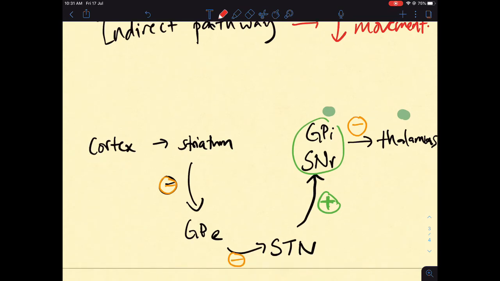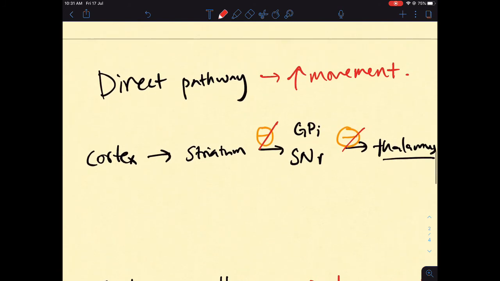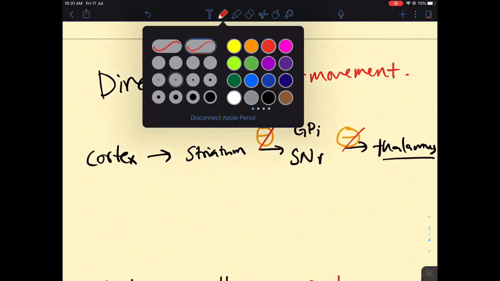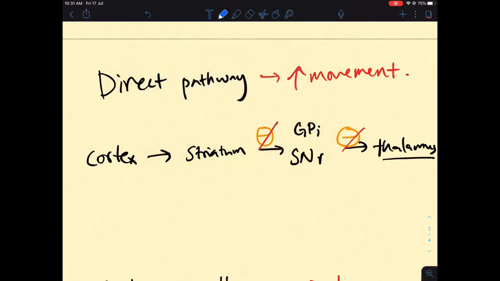There's actually one part that I left out, which is the pars compacta of substantia nigra, which is involved in the Parkinson's disease. So where does this come in? Well, it talks to the striatum. So the substantia nigra, pars compacta, will talk to the striatum by sending dopaminergic neurons.